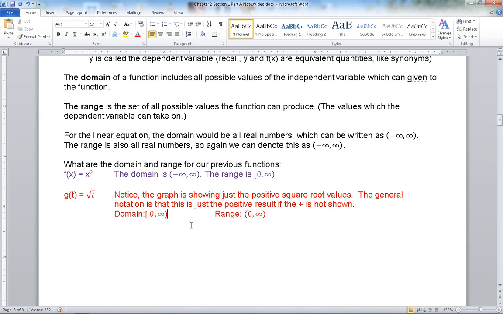What about the range? Well, it turns out that the range is actually the same as the domain. So really we need the rounded bracket to not be there, and we need the square bracket at 0, again for the same reason. So the square root of 0 from the domain is 0, which is the smallest value in the range.